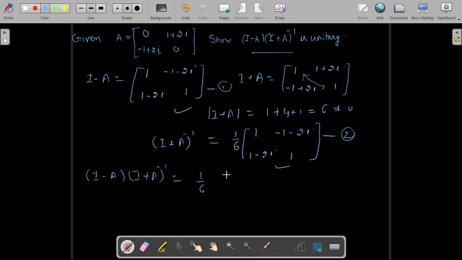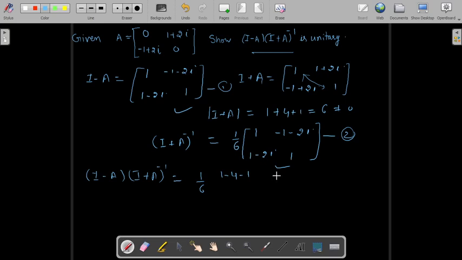Calculating this, a minus b, a plus b, so a square minus 2 iota square, which is minus 4 and minus 1. Similarly, this row into this column.